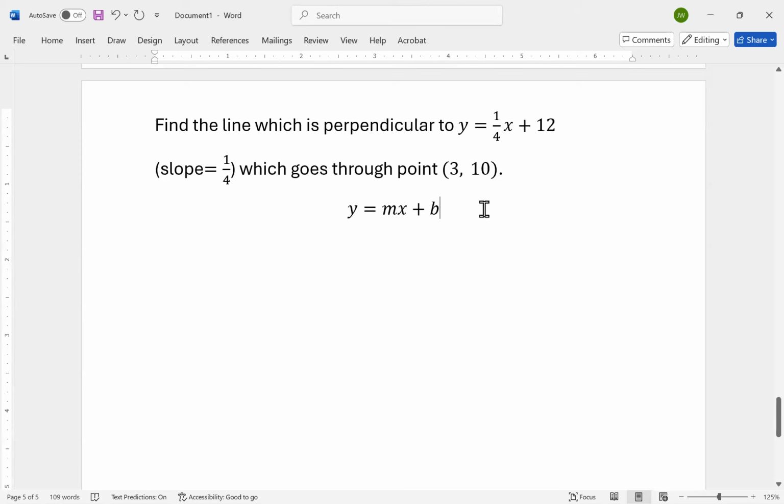That means the slope that I'm going to use has to be the negative reciprocal of 1/4. So I'm going to take the negative, and then the reciprocal of 1/4, which is 4/1. So my slope needs to be -4.